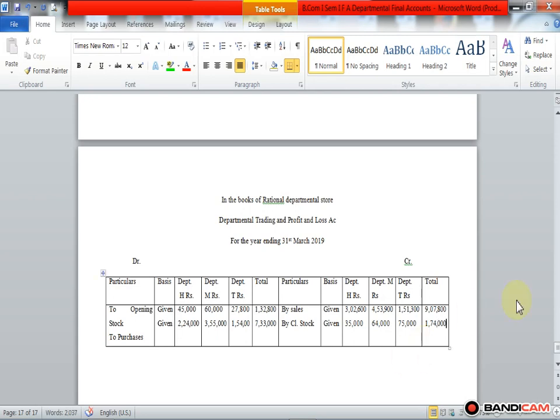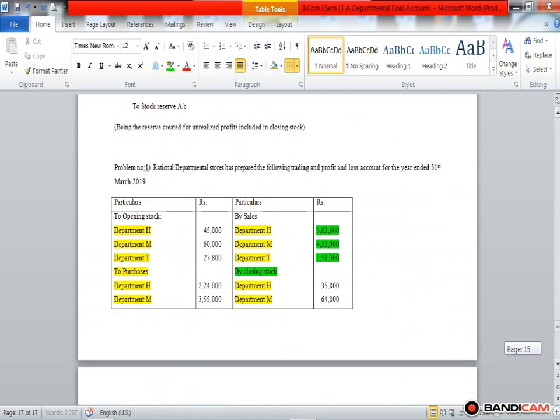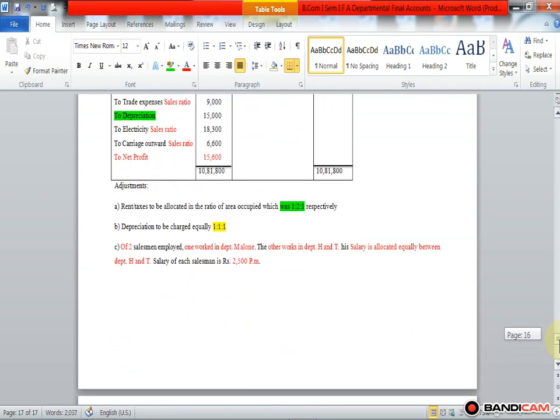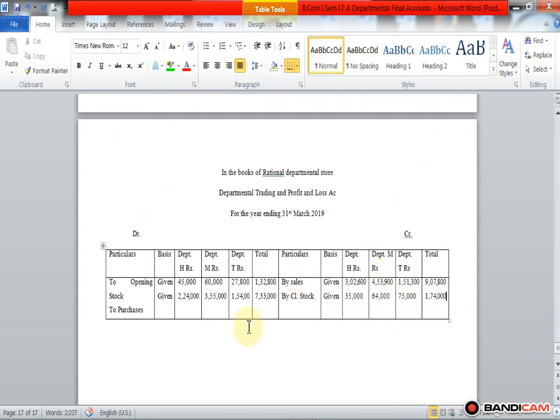Okay, so we transfer all items related to trading account. No other expenses are given related to trading account. So we make the total of both the sides.